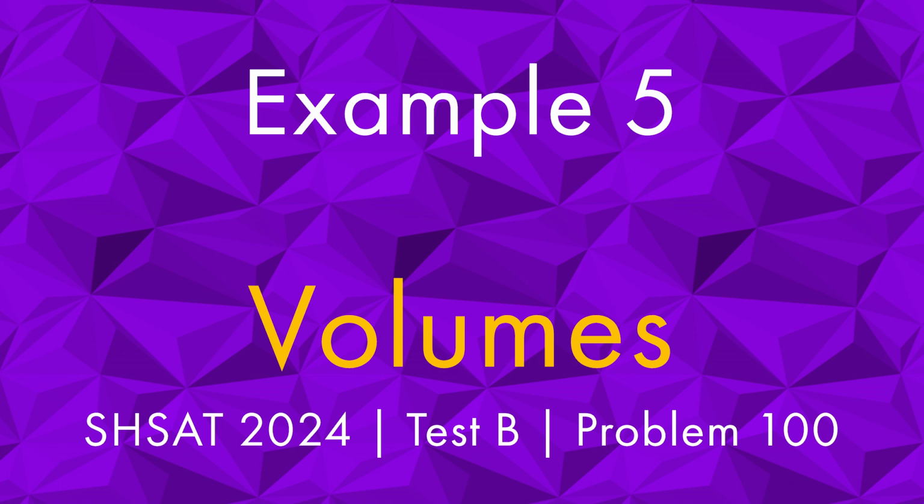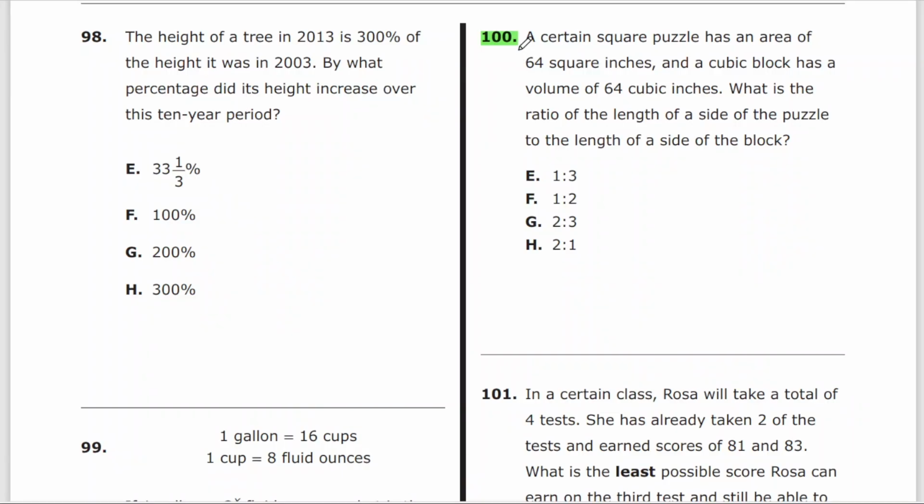Problem 100, test B, SHSAT 2024. A certain square puzzle has an area of 64 square inches and a cubic block has a volume of 64 cubic inches. What is the ratio of the length of the side of the puzzle to the length of the side of the block? So for the puzzle, we got area equals 64. So the side S is equal to 8.